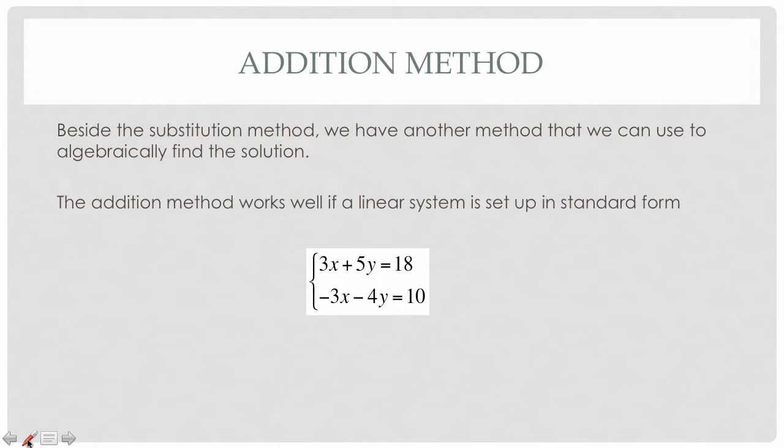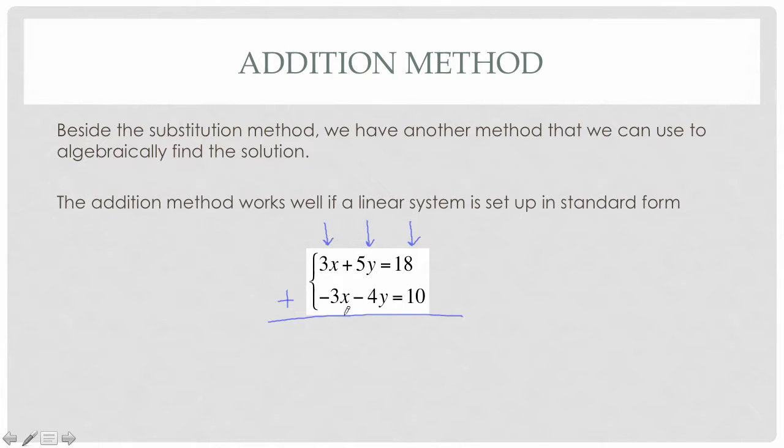But what happens if I add these two equations together? Well, we can only add like terms, so it's helpful to line up your x values, your y values, and your constants.